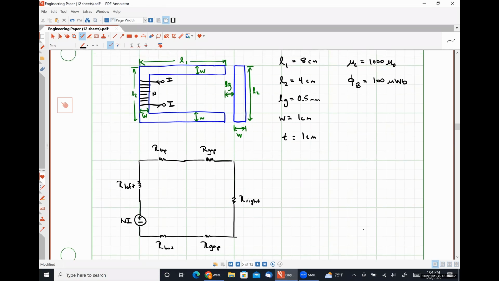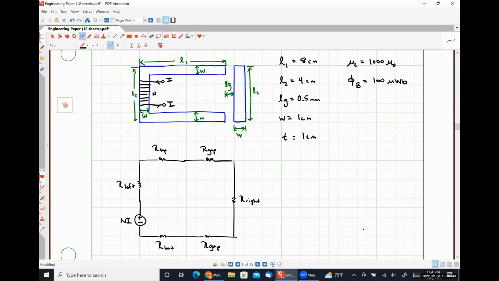So what I've done here is I've just associated a reluctance with each of the parts of the structure, and then also a reluctance with each of the air gaps that the flux is going to see as it travels around its clockwise path in this magnetic circuit, okay? So our left is the leftmost vertical beam, our right is the rightmost beam, our top is the top beam, our bottom is the bottom beam, and then we see two identical air gaps, and they are placed in series where it looks like they should go.